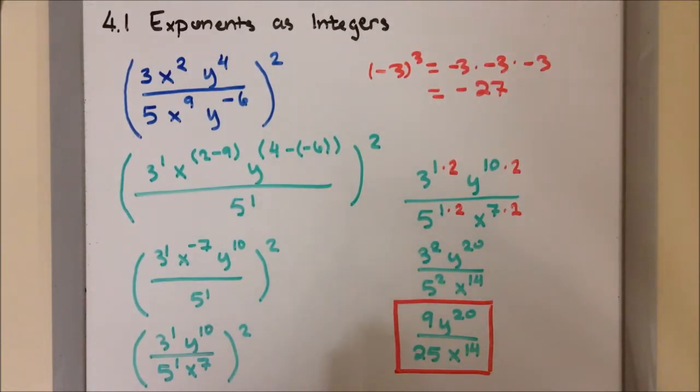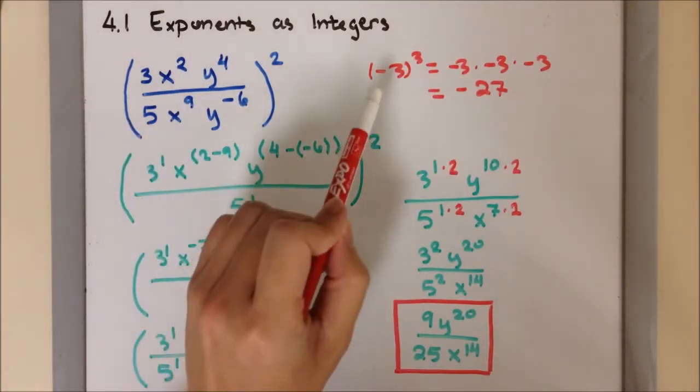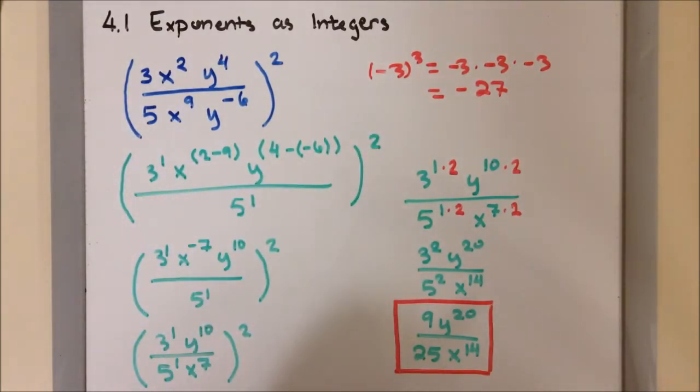This type of example, take your time, don't rush, especially when signs are involved, especially with negative exponents. Make sure that your final answer has positive exponents. Make sure that your coefficient is in the right place and has the right sign.